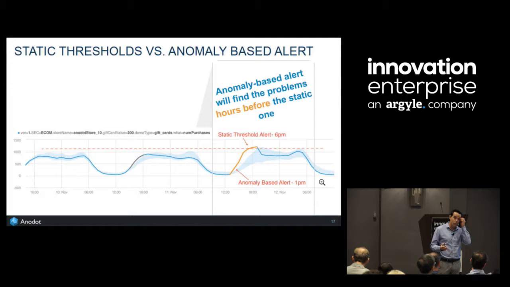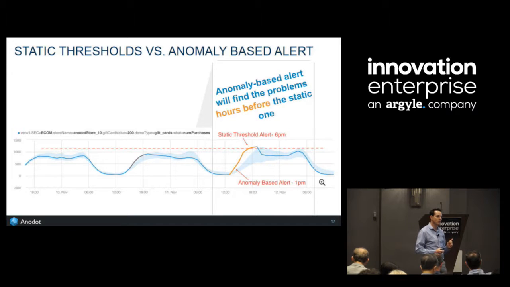Everyone knows static thresholds, and that you try to find where to put the static threshold, and you don't want to set it too high or too low, and it's very challenging to do that. So a lot of the time, companies will compromise, and the red line that you see, the break one, is the static threshold. Once an anomaly happens, it will alert only when it reaches this static threshold.